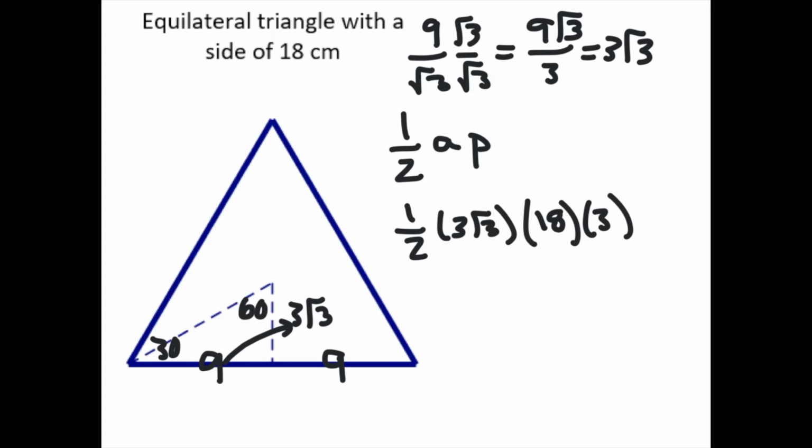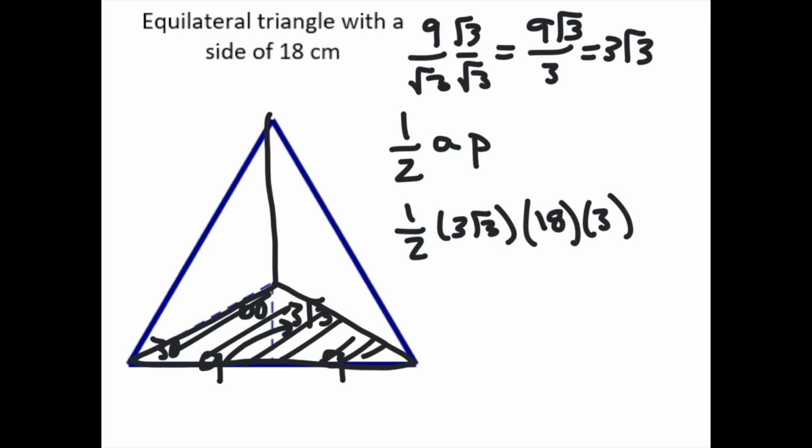Again, where this idea of 1/2 the apothem times the perimeter comes from is that there are 3 of these triangles in here, and calculating this one is basically 1/2 the apothem times the one side, but we want to do it for all 3 sides. So the calculation comes out to be 12 root 3. Units, I guess centimeters squared.